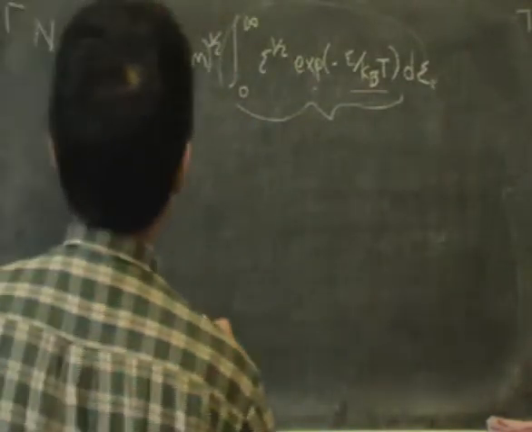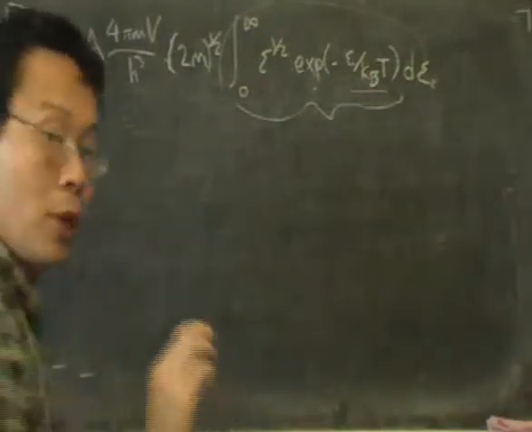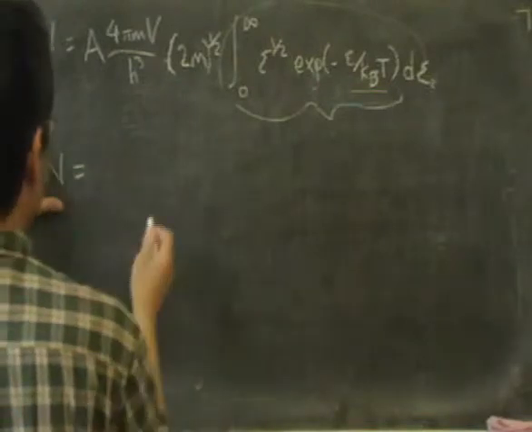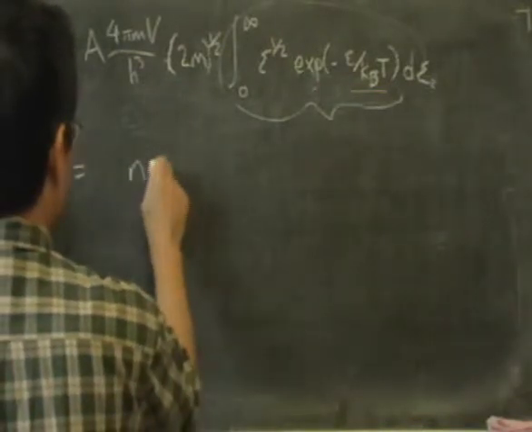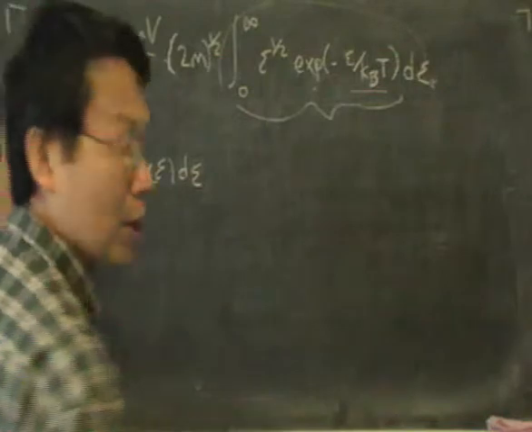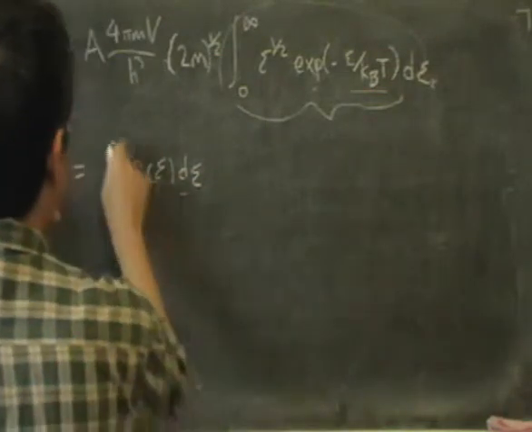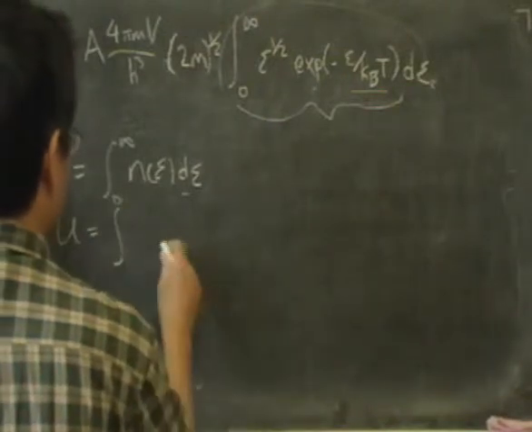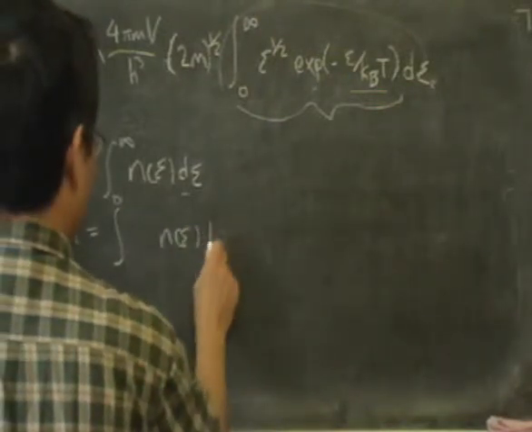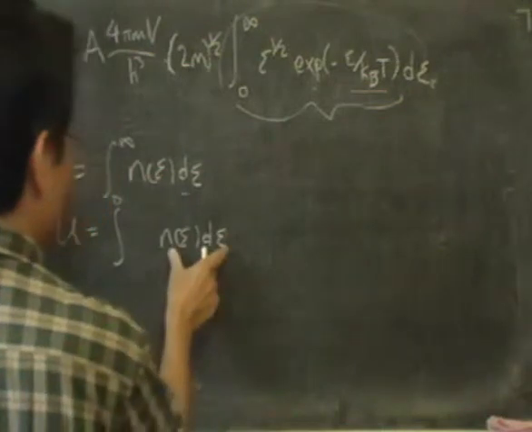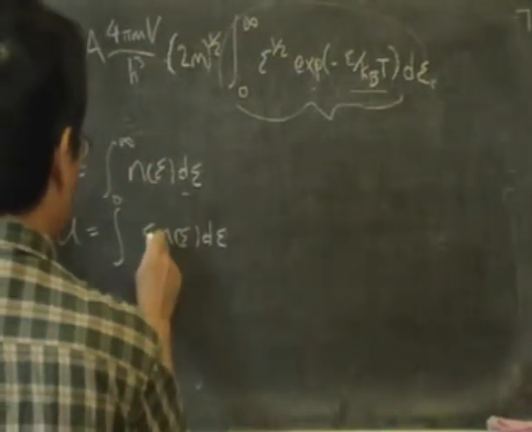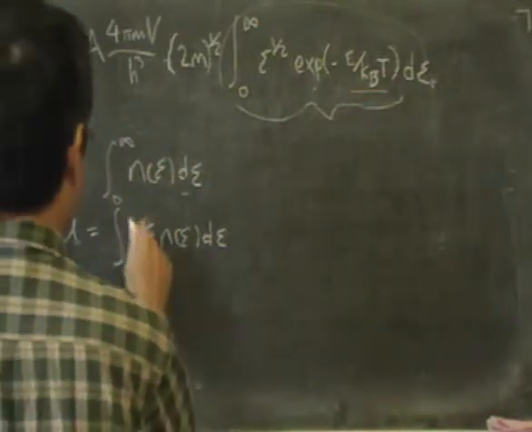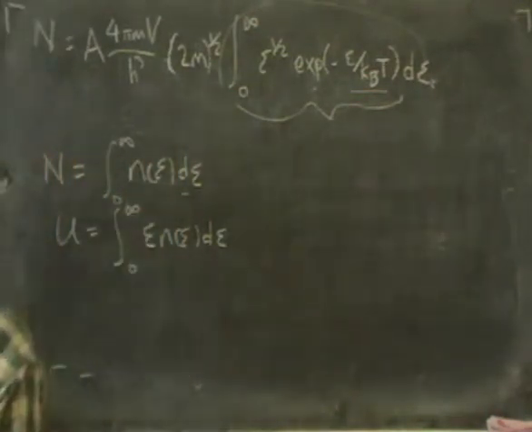Now it helps if we compare the two expressions. If you recall, N was obtained by taking N(E) dE for the number of particles in dE and integrating. And total energy was obtained by taking the same, the number of particles in dE, and multiplying by the energy before integrating. So that gives us the total energy.